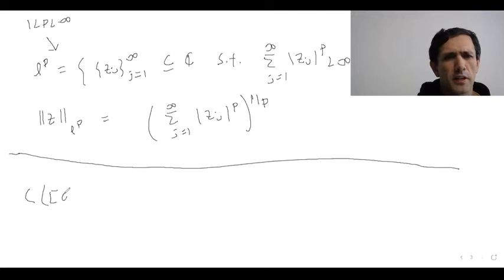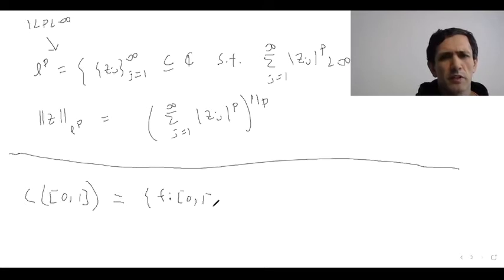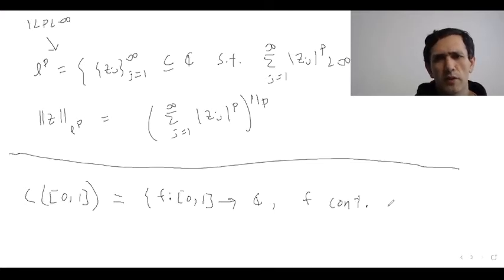Well, just looking at continuous functions on [0,1], or really this could be any compact Hausdorff space. And so, yeah, this is just all continuous functions on [0,1], complex valued, that are continuous. So f is continuous on [0,1].